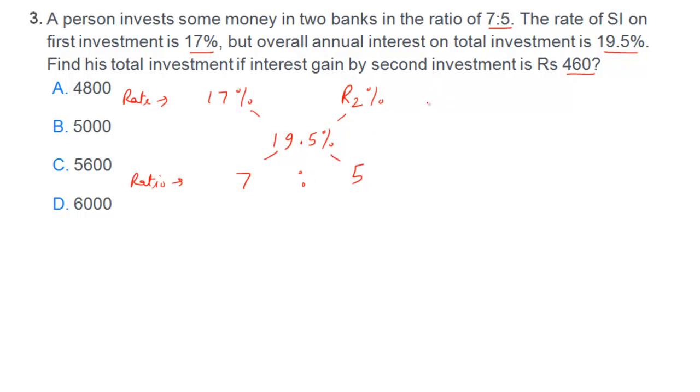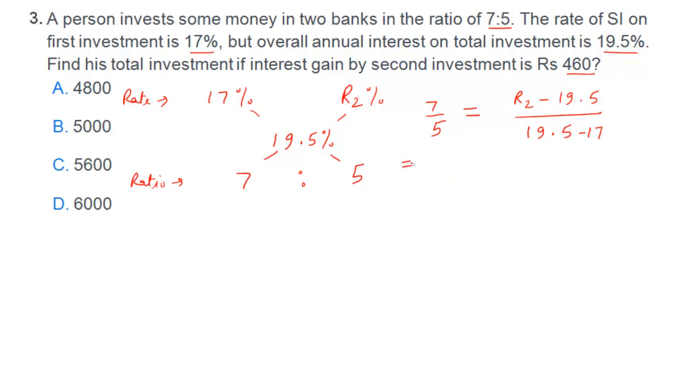So 7/5, I am applying the alligation rule. 7/5 is equal to, go in the direction of 7, so that will be R2 minus 19.5 divided by 19.5 minus 17.